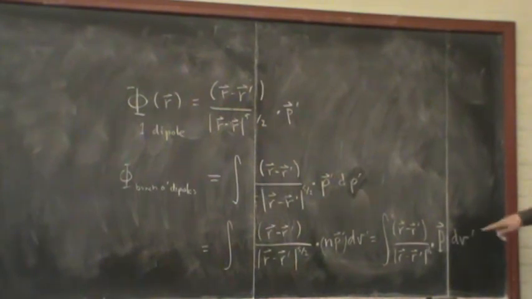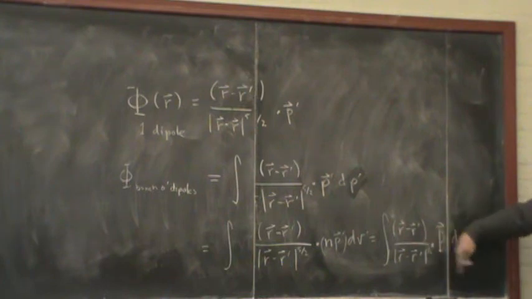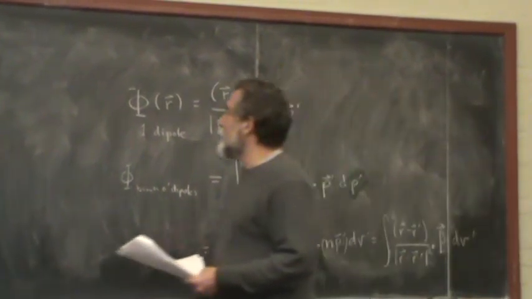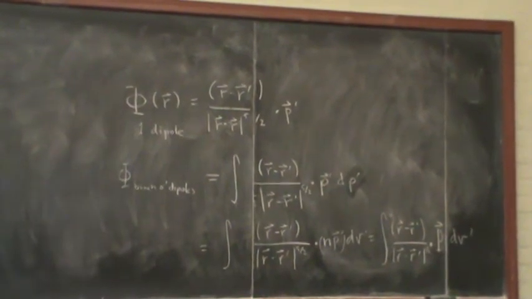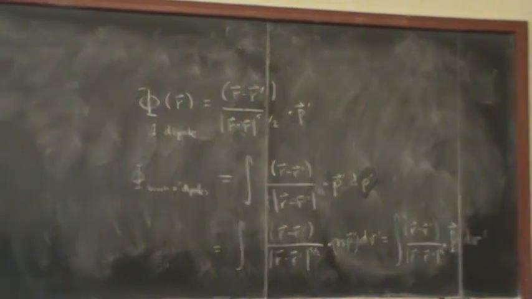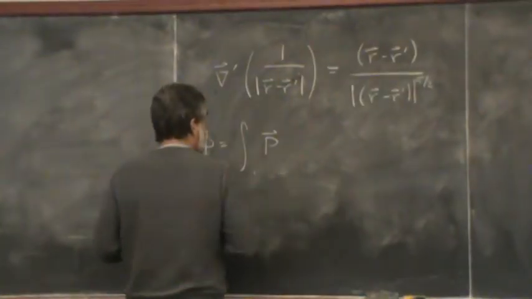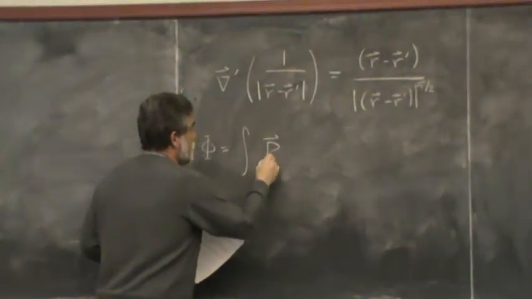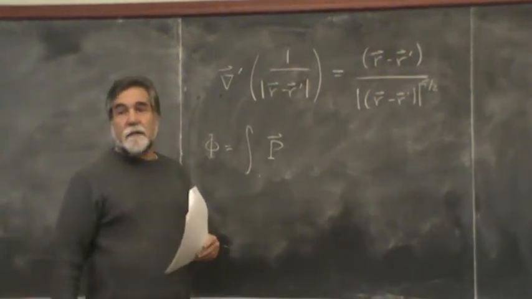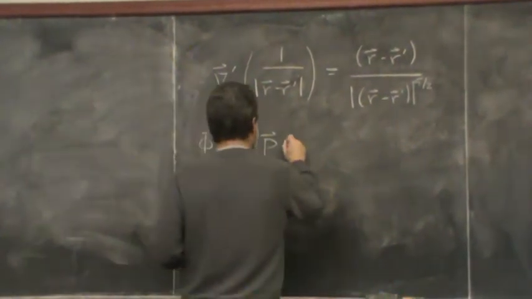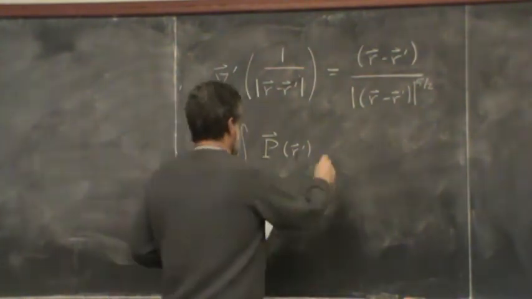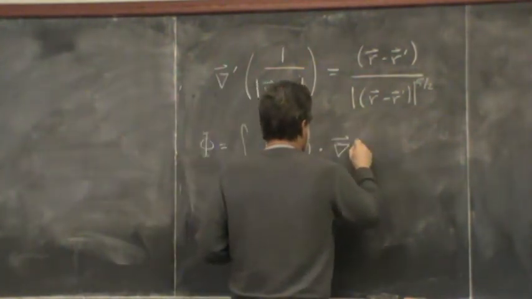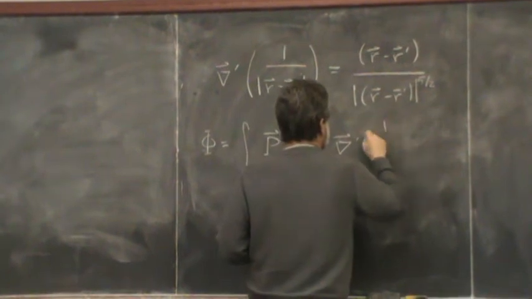Okay, now I've got this dot product in here. I can rewrite that integral that I had over there. And the potential looks like the integral of the dipole density, the polarization of the material, which depends upon position, dotted with the gradient of the quantity.